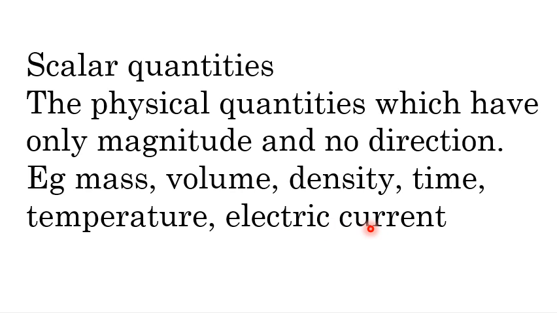Scalar quantities are those physical quantities which have only the numerical value, your magnitude, and they don't have any direction, like your mass, your volume, your density. They all have the numerical value and the SI unit, but they don't need direction. Such quantities are known as your scalar quantities. Let's move on to the next one.